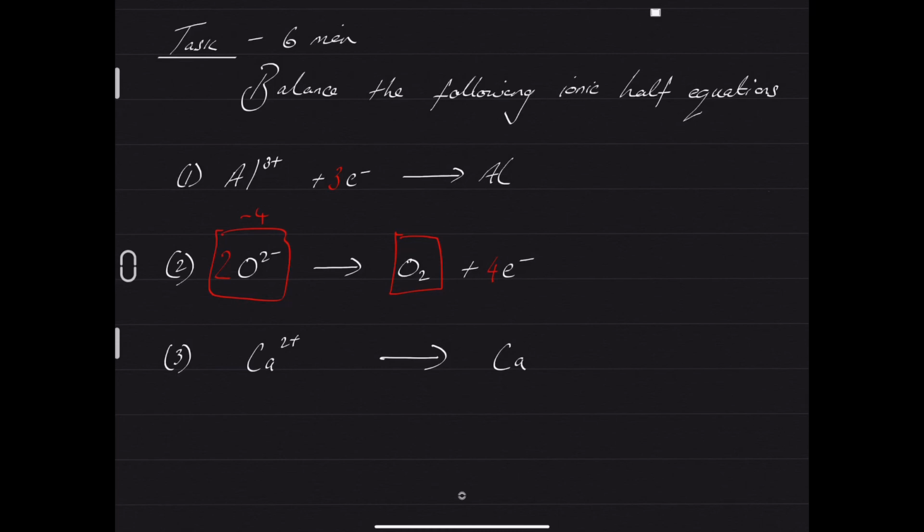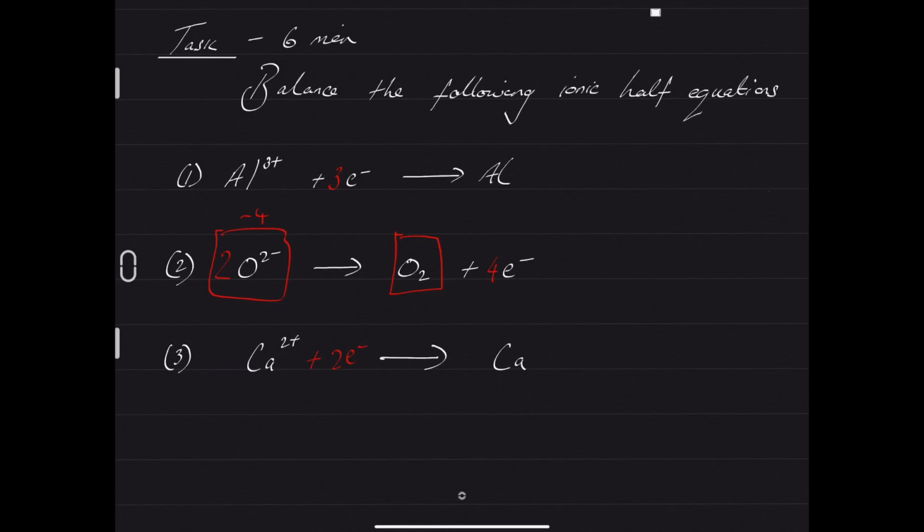Now moving on to question number 3. I made it a bit more difficult because I left out the electrons completely. I wanted you to figure that one out. And what you should have got is this, which will give you a fully balanced ionic half equation for calcium.